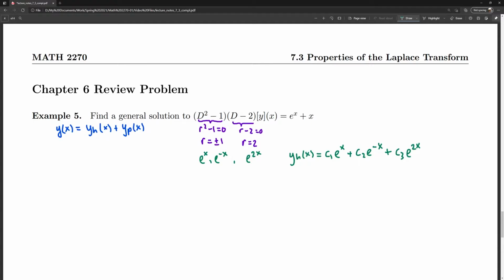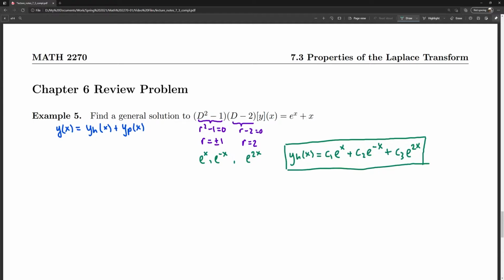Now, in order to find the particular solution, we could use the method of undetermined coefficients, and I would definitely recommend you trying to solve the problem with undetermined coefficients.